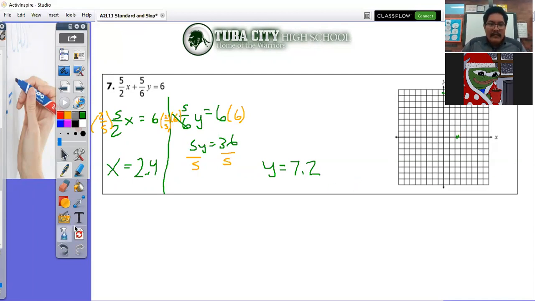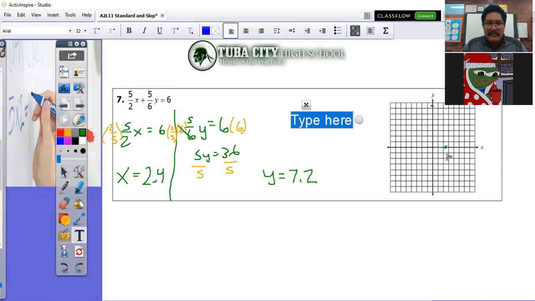Oh yeah, and we should also put our intercepts, x and y intercepts, into ordered pairs. 2.4, 0 and 0, 7.2. So again, when you write out the ordered pair, one of them's x is going to be 0, the other one's y is going to be 0.